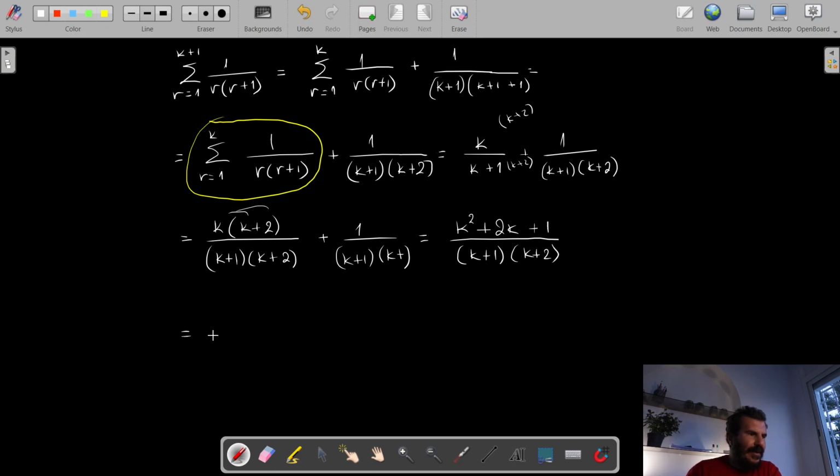And now this is the point where, when you were in grade 9, grade 10 or year 10, year 11, doesn't matter, we were telling you to learn to expand the perfect square, because you also have to be able to factorize the expanded form. So this one is the expanded form of, if you remember, a plus b squared is a squared plus 2ab plus b squared, where a is k and b is 1.